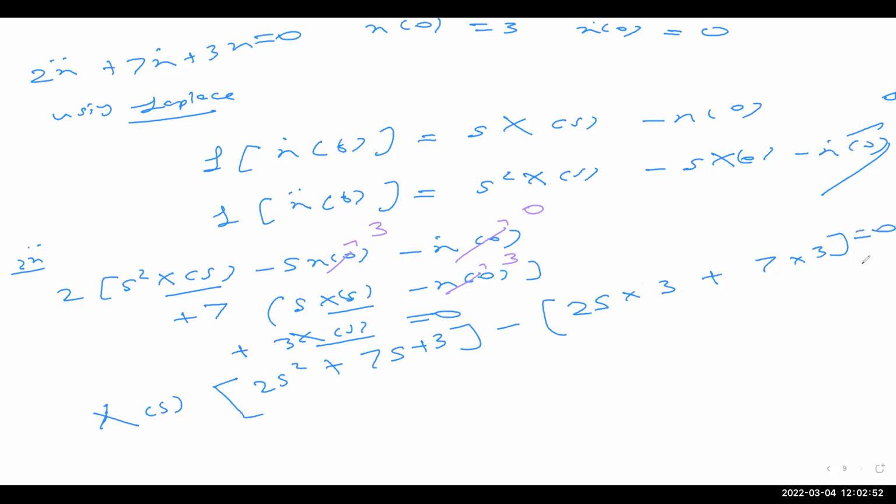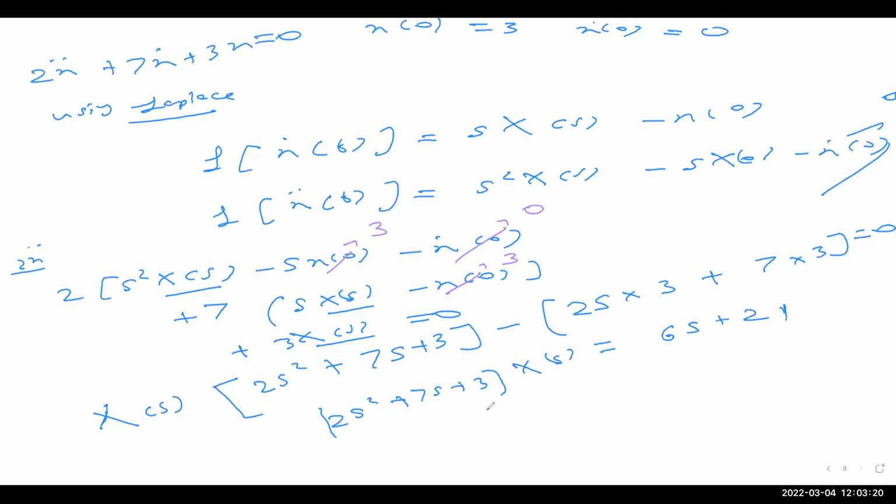Okay, so we got this sorted. Now we'll simplify. If we simplify this, we get 2s squared plus 7s plus 3 times X(s) here, and since there is 0, we'll just put it to the right. It's equal to 6s plus 21.